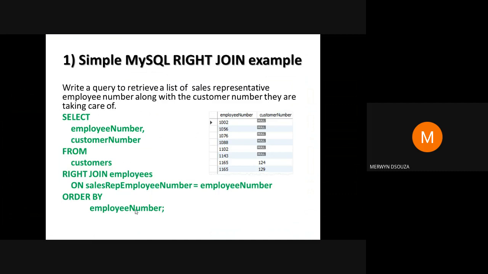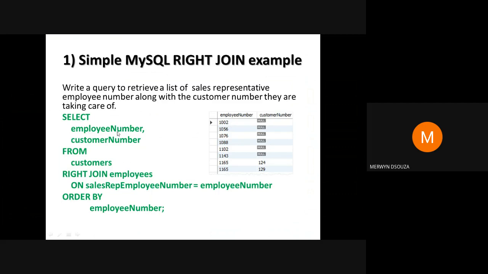So basically this is what will be displayed. All the rows from the right table will be displayed, regardless of having a matching row from the left table. As you can see, the employee number 1002 is not having any customer.